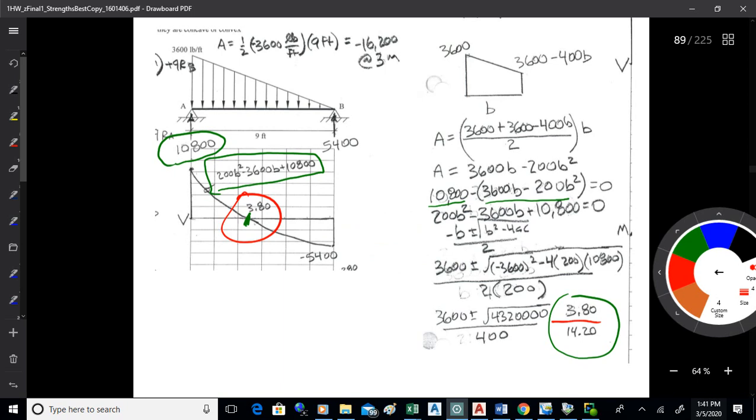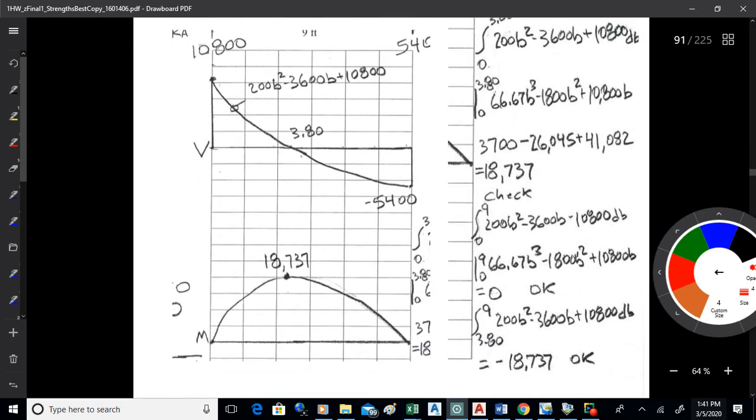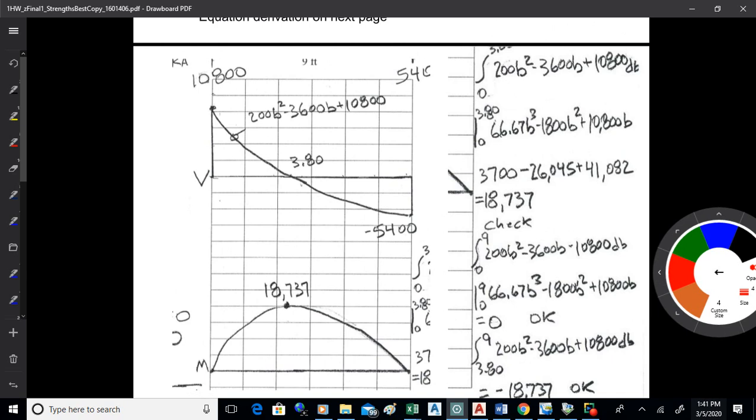And I want that because it's a limit of integration, because I'm going to find the area of that thing by integrating it. So I'll run an integral for that. I'm going to go from 0 to 3.8, and I'll run that equation of the line, 200b squared plus 3600b plus 10,800, and then I'll have a db in there.